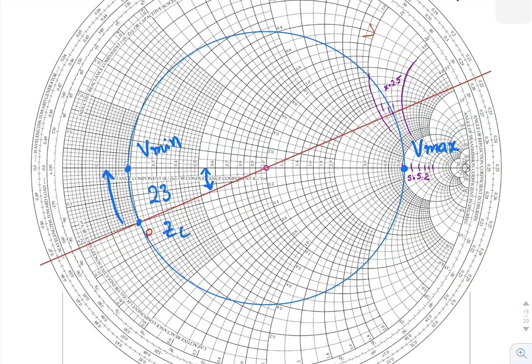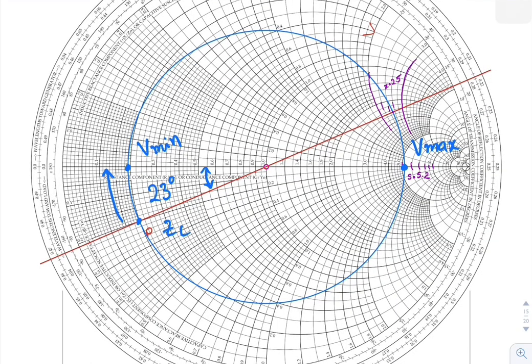This angle is 23 degrees, which means the voltage minimum exists at an angle of 23 degrees from the load towards the generator. We know that on a transmission line, a distance of lambda corresponds to 720 degrees on the Smith chart. Now we need lambda dash which has to represent 23 degrees. Therefore, lambda by lambda dash equal to 720 by 23, that is equal to 31.30.